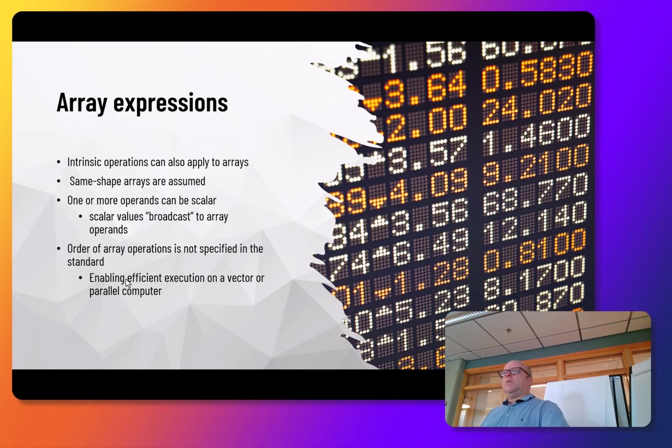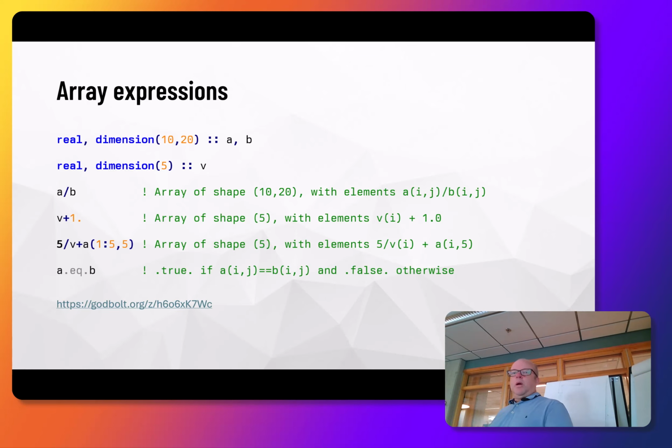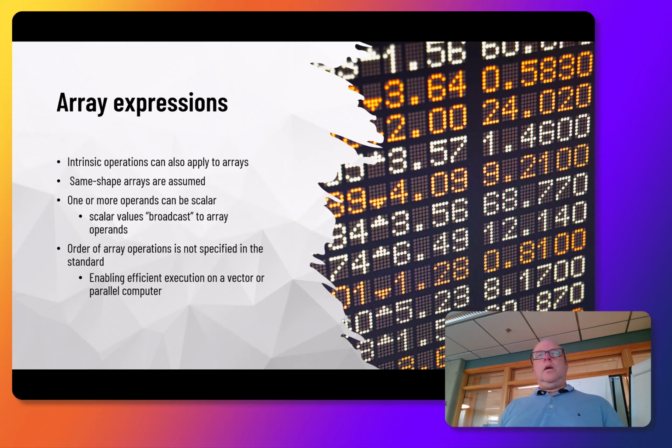Also, most of the expressions can also apply for arrays. When you are working with arrays and use the normal operators, you need to make sure that the arrays have the same sizes. Otherwise, it doesn't work. So it's not as flexible as NumPy arrays. You need to think about the sizes before you do the operations.